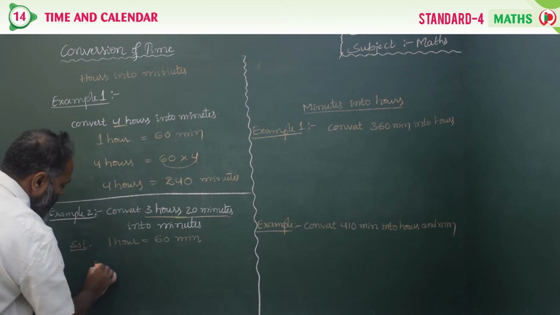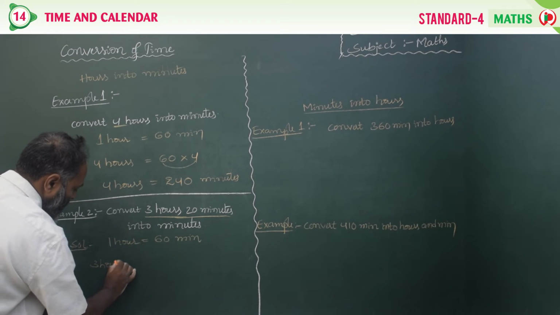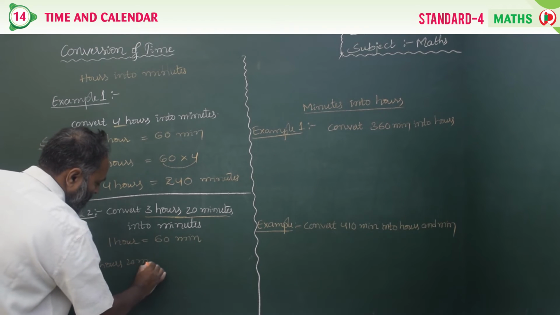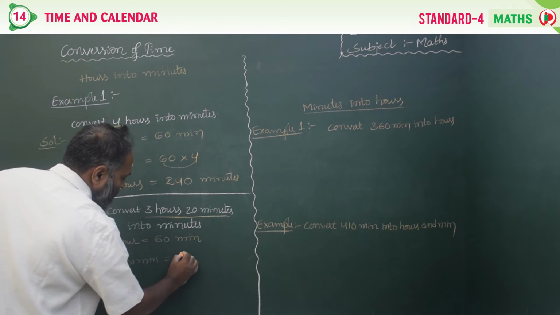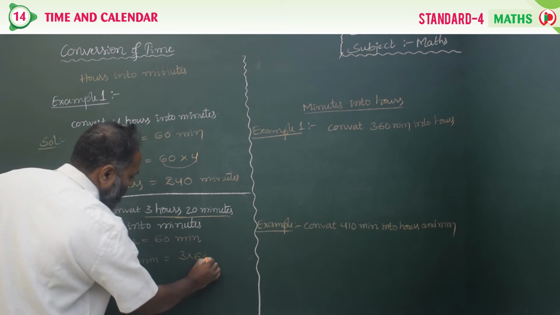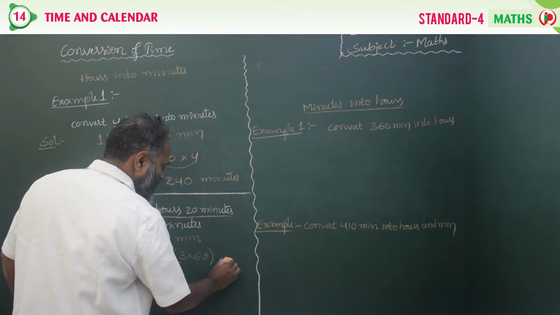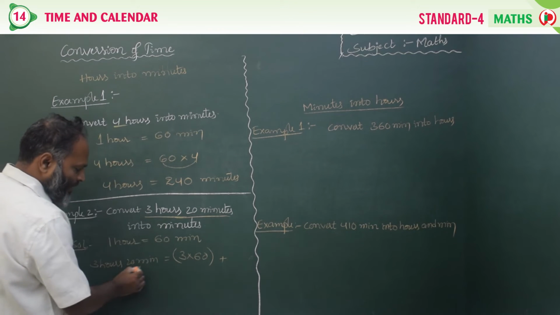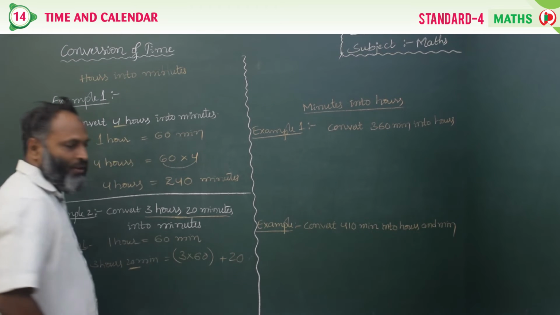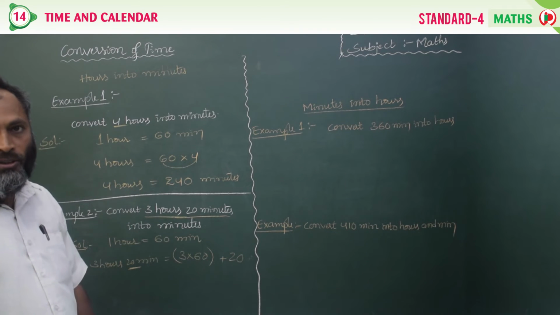So 3 hours, we should multiply with 60. These hours should multiply with 60. Then to this answer we should add the 20 minutes. Minutes we should keep as it is, no need to multiply.